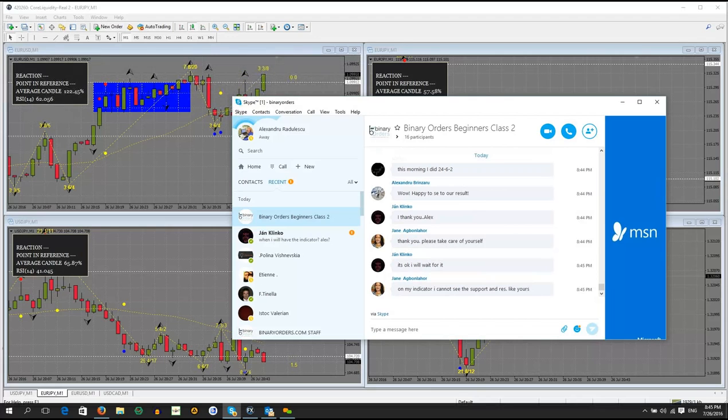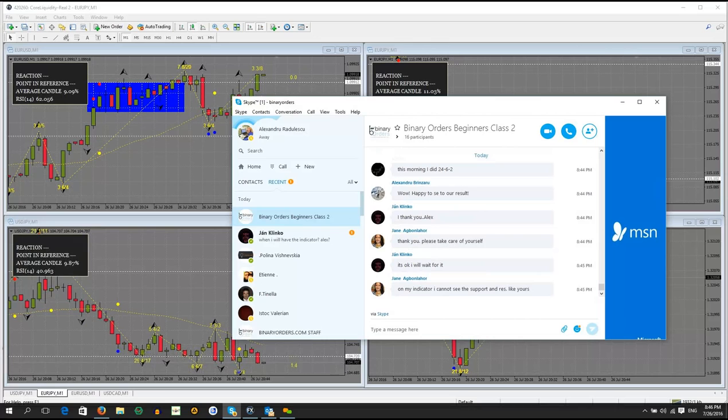On my indicator, I cannot see the support and resistance. I don't know which support and resistance you're talking about, Jane. I have no support and resistance. I draw it on MetaTrader. It's not an automatic indicator that I use. I have this kind of indicator, I made some modification on it, and you'll also receive it. I believe you're talking about fractals, Jane, but fractals is the same kind of indicator as Berry support and resistance.